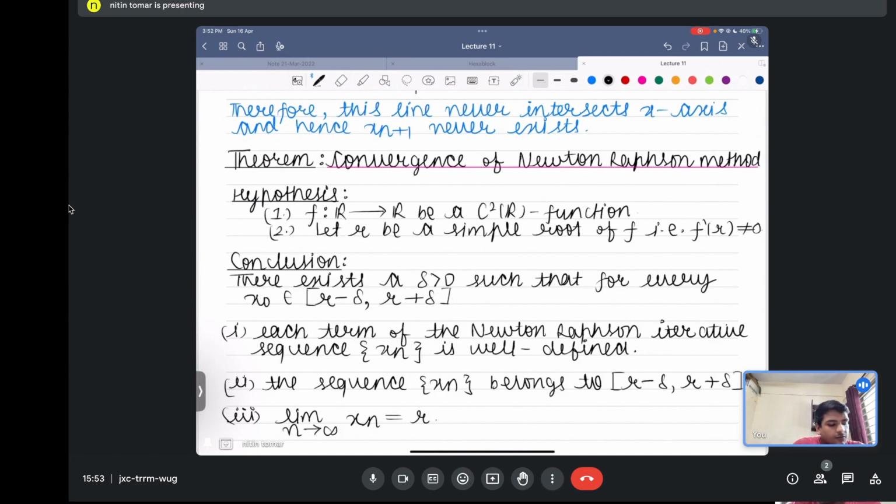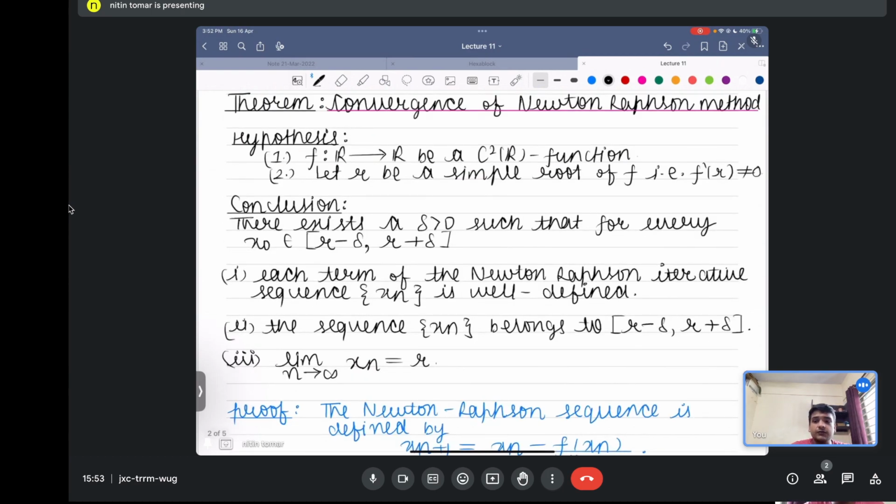The conclusion basically says that if you start your initial guess sufficiently close to the simple root, then the iterative sequence will be well defined and will be sufficiently close to the root r such that it converges to r. That is the simplest way Newton-Raphson method convergence can be explained.